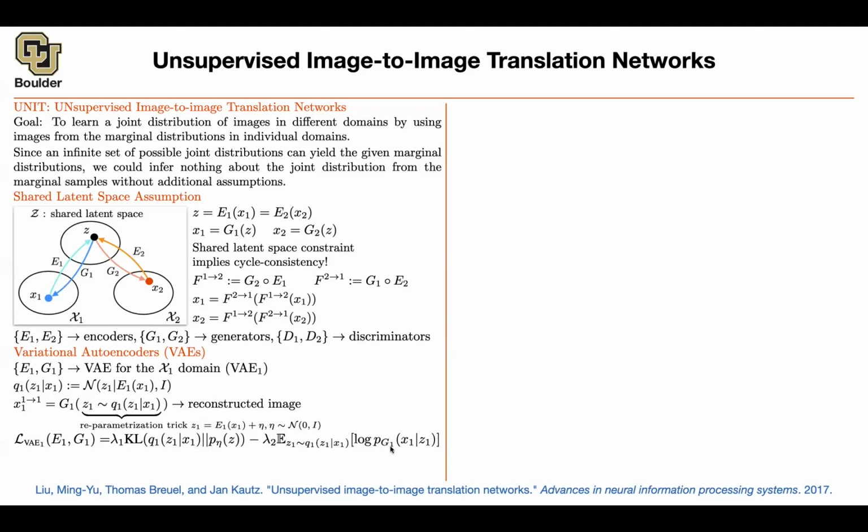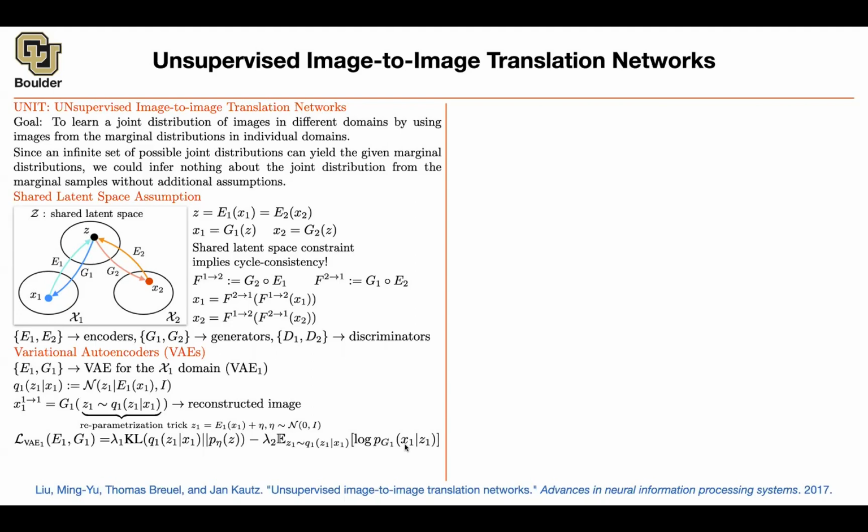This other term, you take Z1, and then you use your generator to come to the X domain, the image domain, and you want to make such data more likely. And then at the same time, you keep sampling from your encoder. So you take X1 through this operation. It's going to give you the mean. You add some noise to it. That's going to give you your Z1. And then you take your Z1 and push it through your G network.